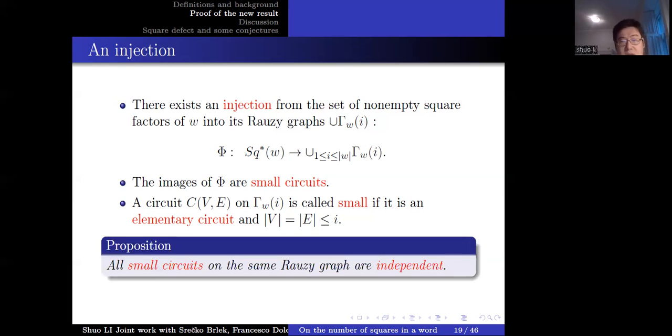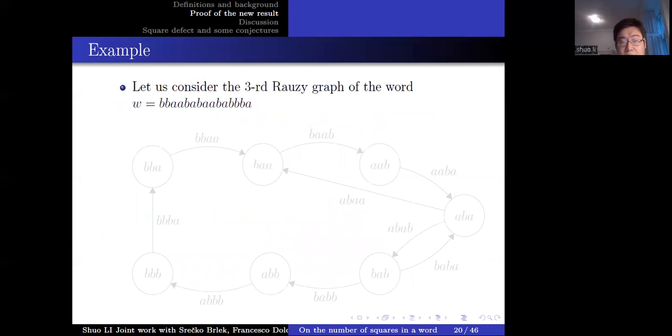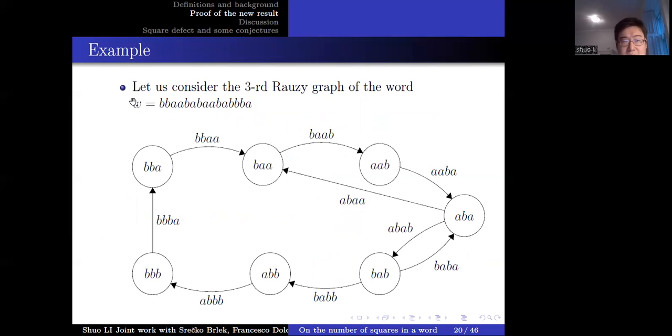And the crucial point concerning the small secrets is that all small secrets on the same rosy graph are independent. Let us just consider the example I showed you just before. If we let W be a word like this, and its third rosy graph is like this, we can find on this graph at least three secrets.